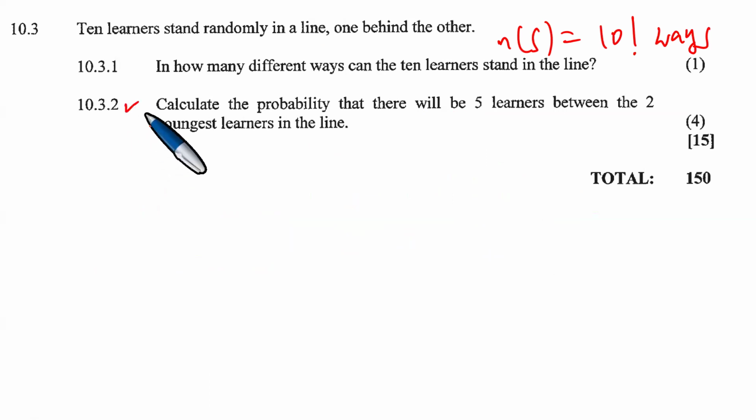Now in 10.3.2, calculate the probability that there will be 5 learners between the 2 youngest learners in the line.